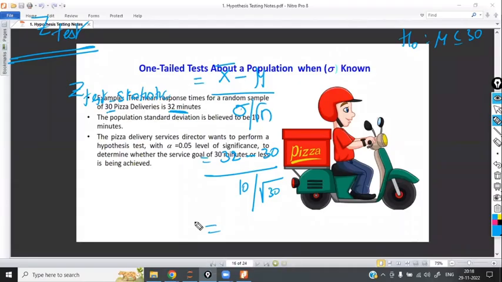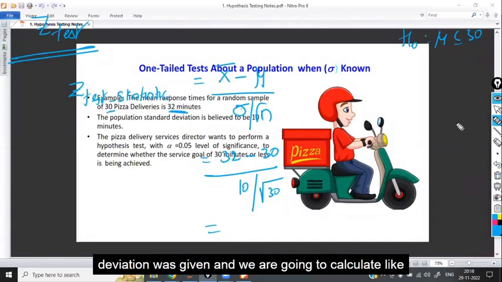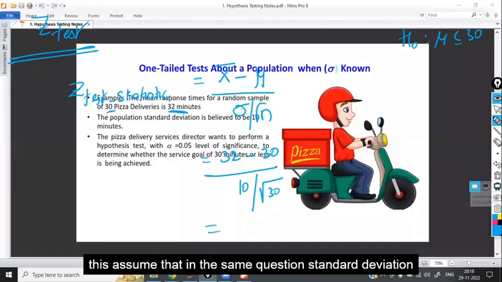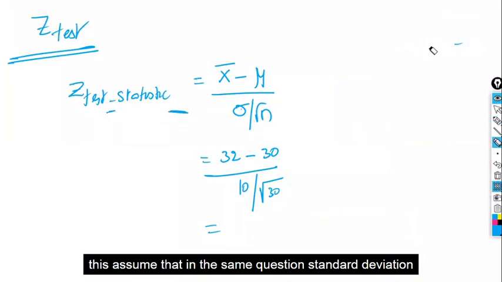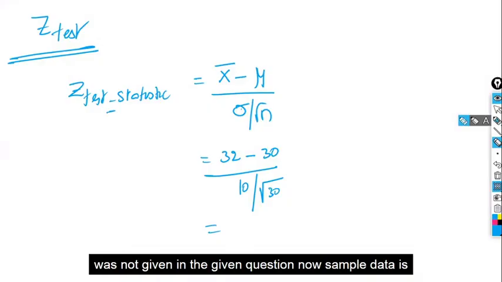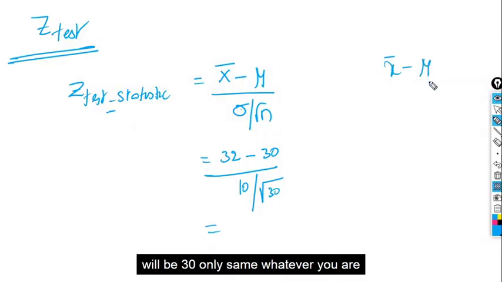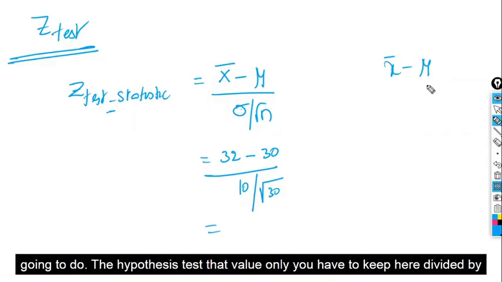Is that clear? In this question the standard deviation was given, so we calculate like this. Assume that in the same question the population standard deviation was not given. The sample data is there, so you calculate the sample mean. Mu will be 30 only, the same value you use for the hypothesis test.